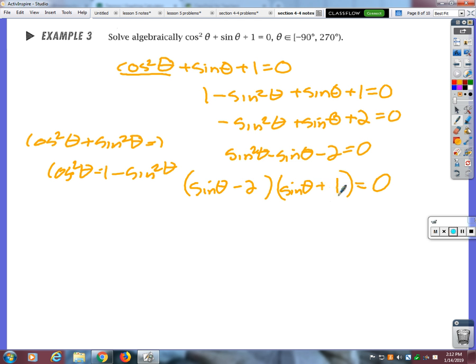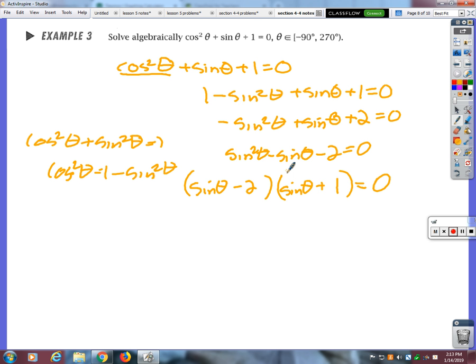Gus, we're teaching class right now, okay? So sine squared minus sine minus 2 factors into sine minus 2 times sine plus 1, because -2 times 1 is -2 and -2 plus 1 is -1, right?